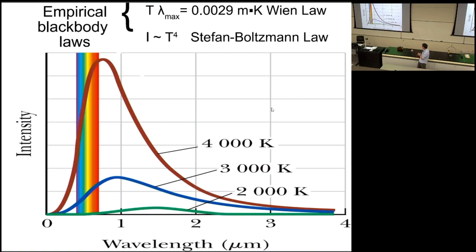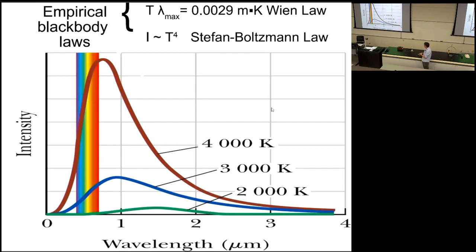They're for 4,000 Kelvin, that's the brown. They're for 3,000, that's the blue. They're for 2,000, that's the green. So these are hotter than the incandescent light that blinded me, but they are a bit cooler than the sun.